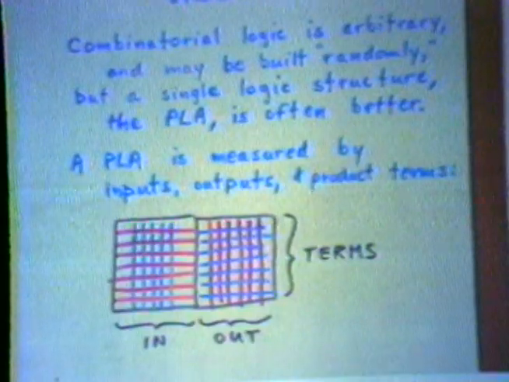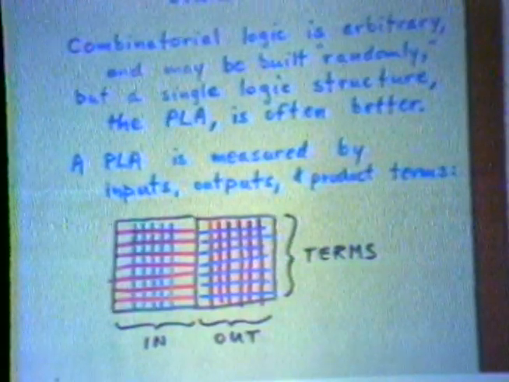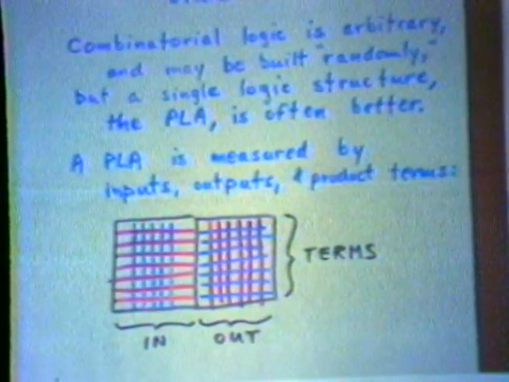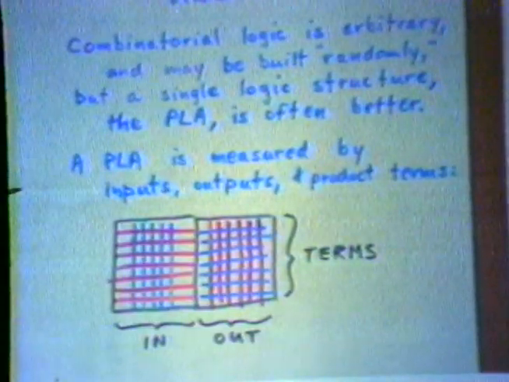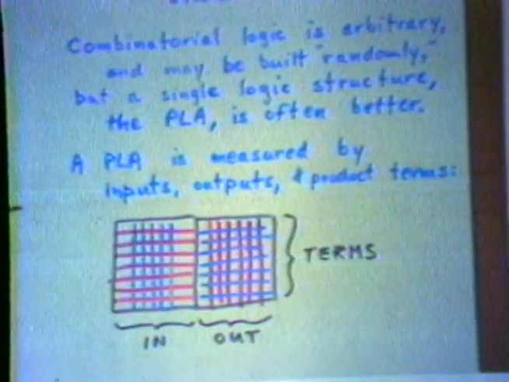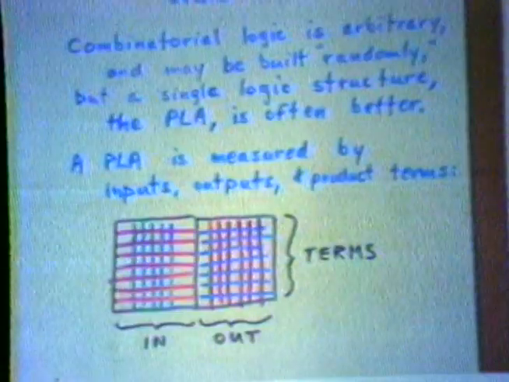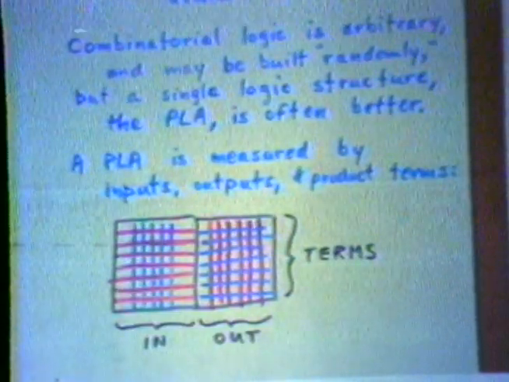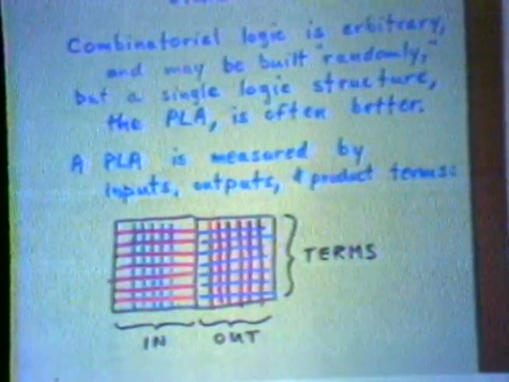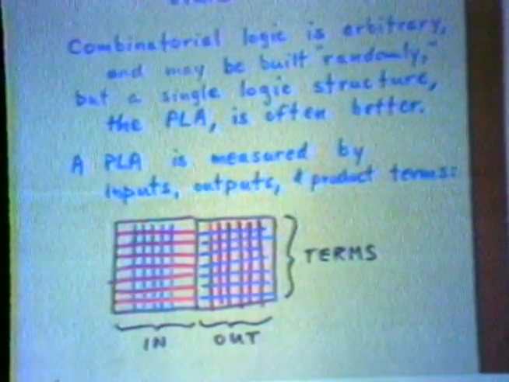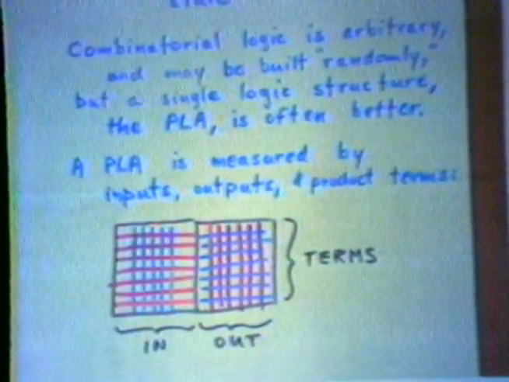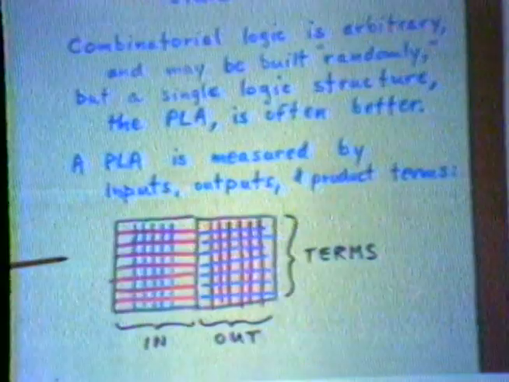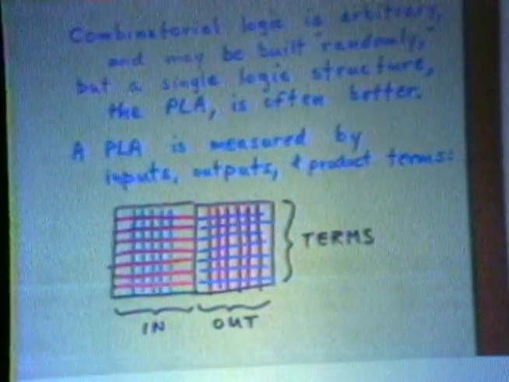The programmed logic array, let me just introduce its dimensions. It's characterized by three things: how many inputs it has, how many outputs it has, and what are called product terms. Those of you who know about PLAs already know what that means, and I'll show the rest of you in a moment. And it lays out something like this. It's got two sections roughly similar, with red lines and blue lines and some green lines in there also.